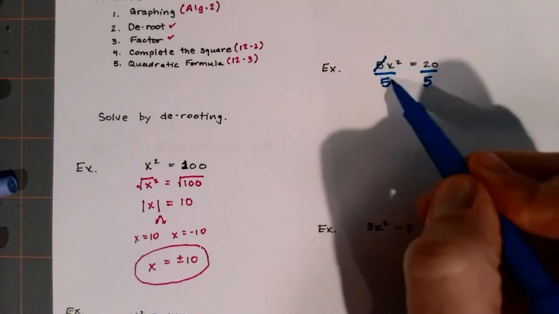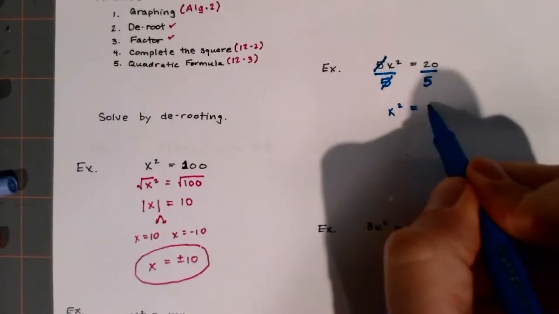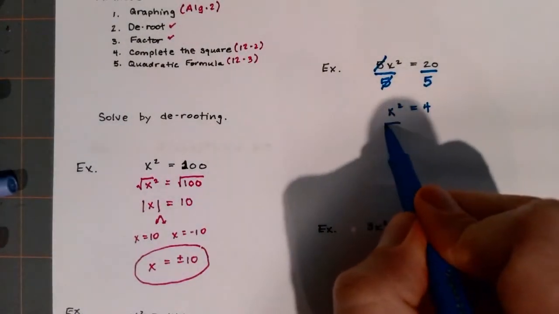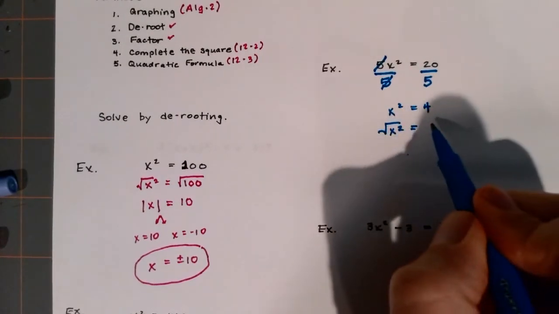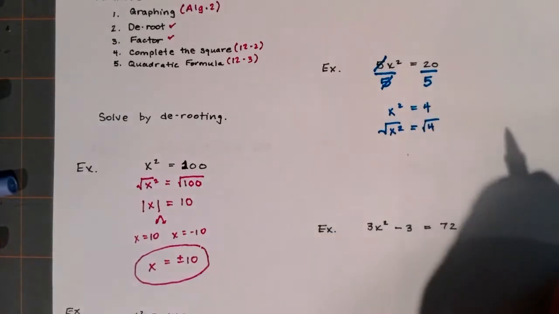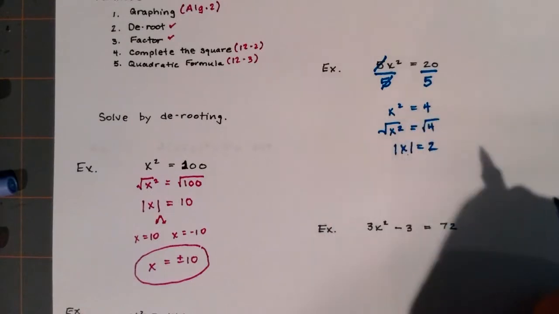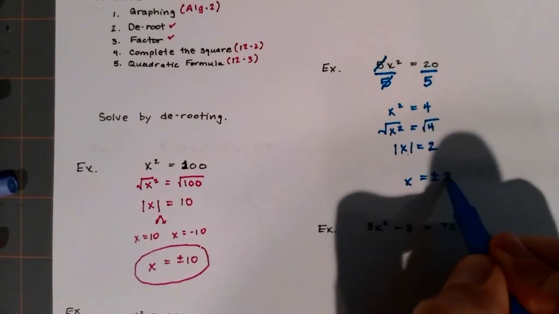These guys cancel, and I get x squared is equal to 4. Then I de-root, take the square root of both sides, and I get root x squared equals root 4. So the absolute value of x equals 2. So x equals plus or minus 2.